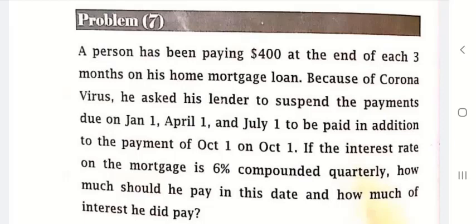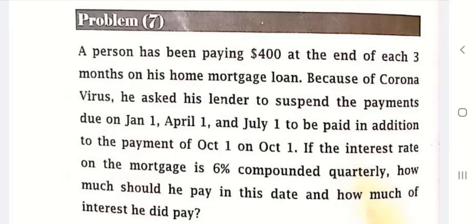In this example, R equal 400, and because it's paid every 3 months, in 1 year we have 4 annuities. Because of coronavirus, he asked the lender to suspend the payment due on January 1, April 1, July 1 to be paid with October 1.